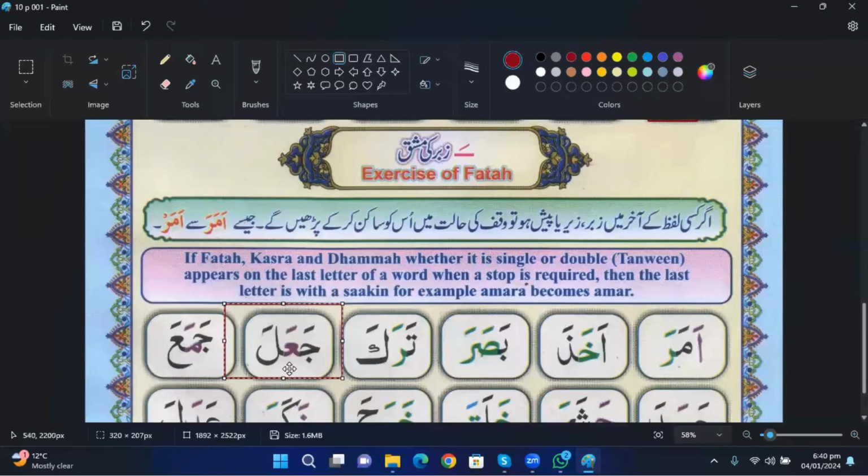After teaching from this original page, you can write the same letters on Paint as well. As I mentioned yesterday, Paint is very important for kids. So here's Paint. You can draw some shapes.